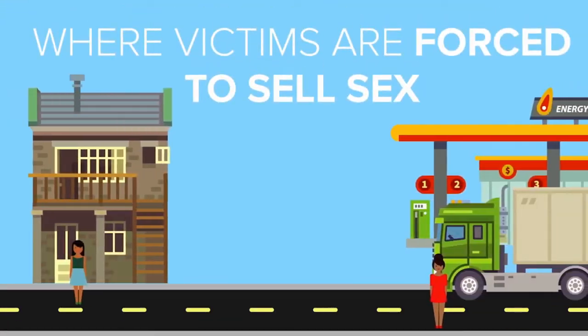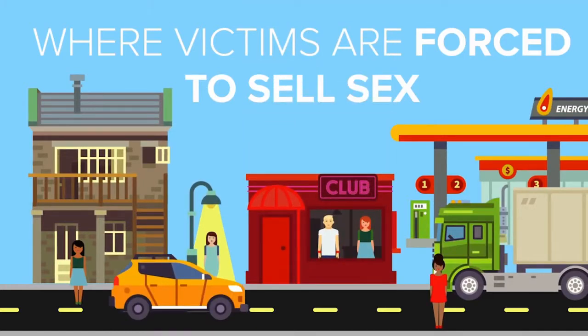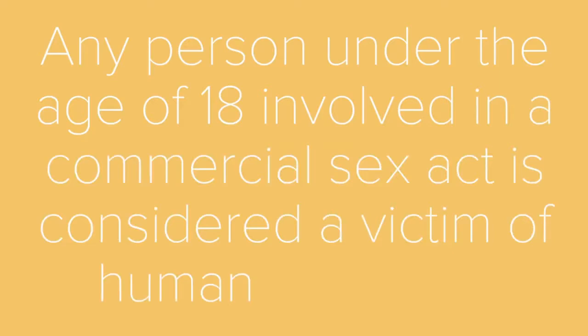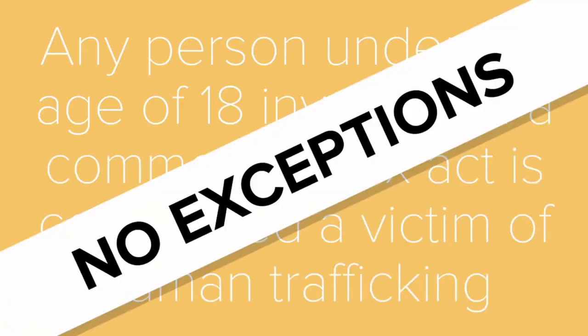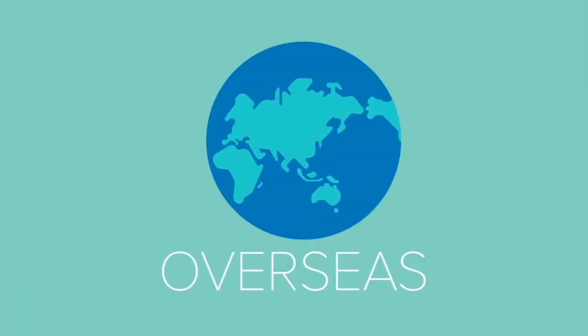Truck stops, hotel rooms, rest areas, street corners, clubs, private residences. These are just some of the places where victims are forced to sell sex. Any person under the age of 18 involved in a commercial sex act is considered a victim of human trafficking. No exceptions. Forced labor takes on many forms, and it happens here in the US and overseas.